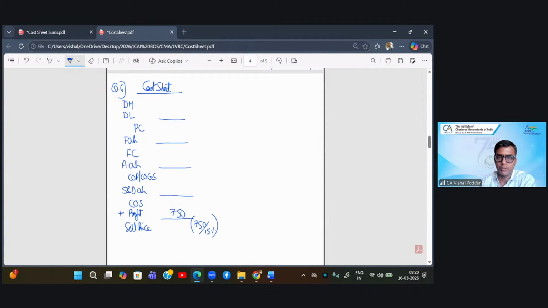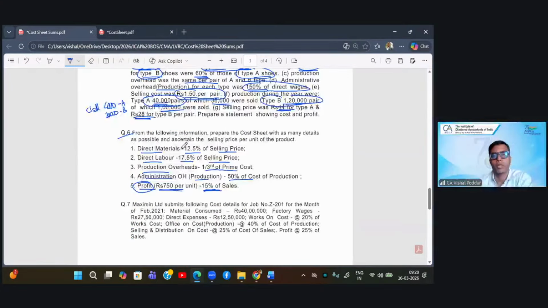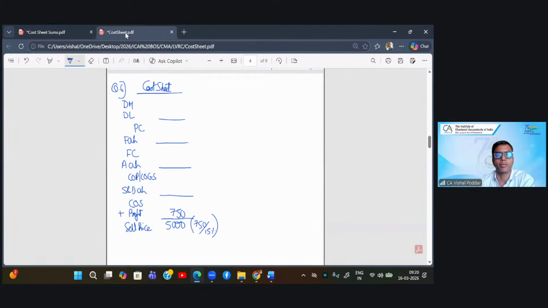So 15 fives are 75. So my selling price comes to 5,000. Correct? Because 15% of 5,000 is 750. Now, once I get the selling price, I can find out many other figures. How? Material cost is 12.5% and labor cost is 17.5%.